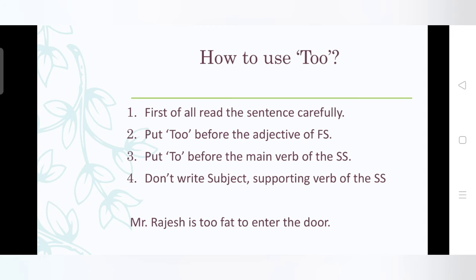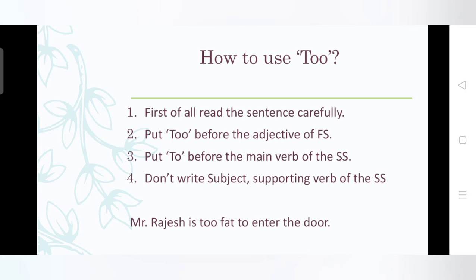Then after to, I have written the infinitive or main verb of the second sentence, that is enter. After writing enter, I have used all the words given in the second sentence, the door. The sentence has become, Mr. Rajesh is too fat to enter the door.